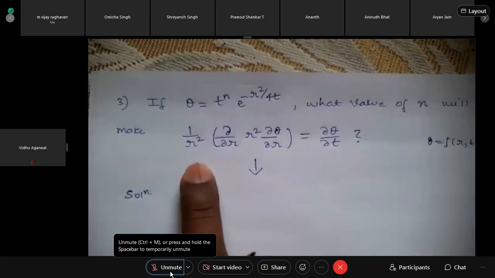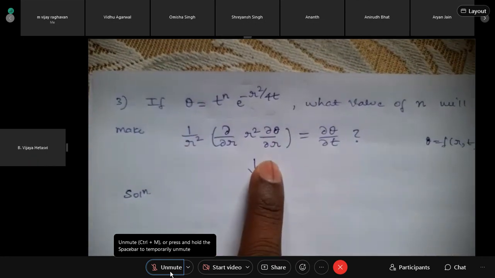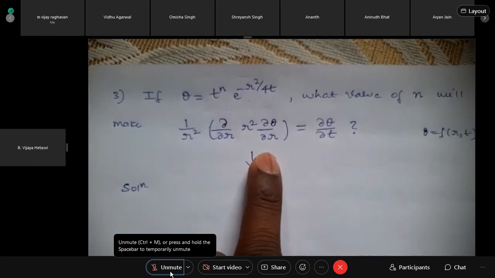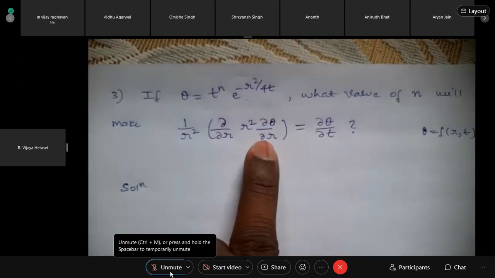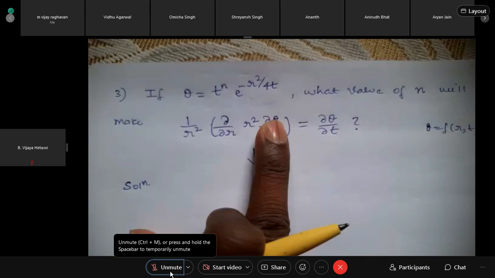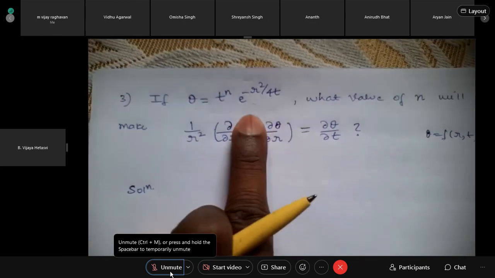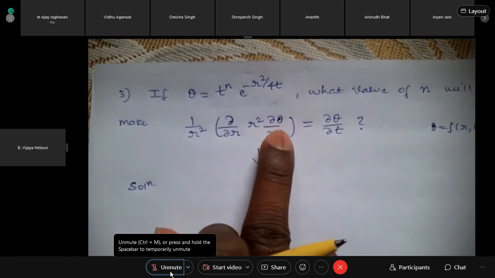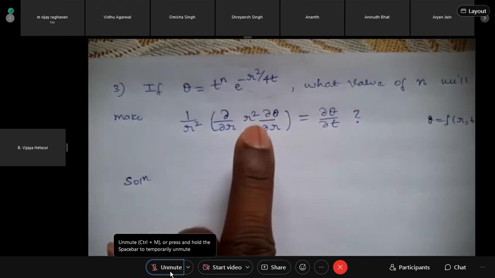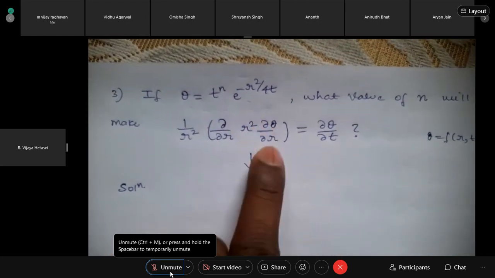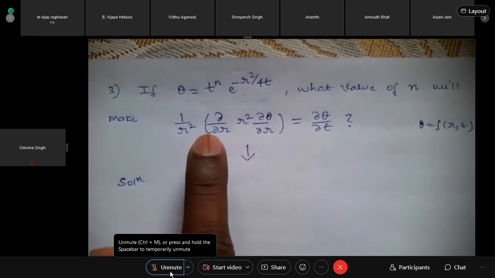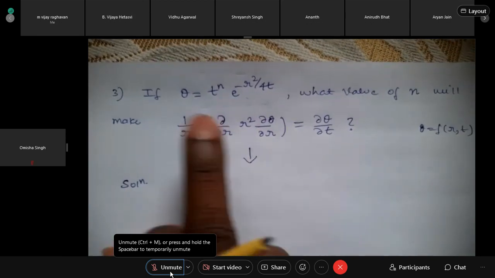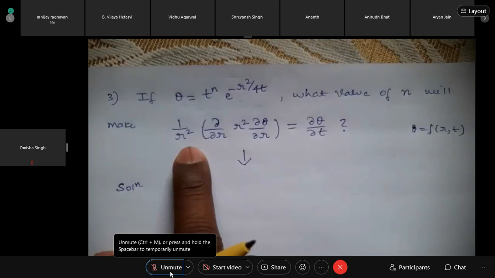Should I start with r square or with dou theta by dou r? Dou theta by dou r. Then that result has to be multiplied by r square. Then the resultant will be differentiated with respect to r, then multiplied by 1 over r square.